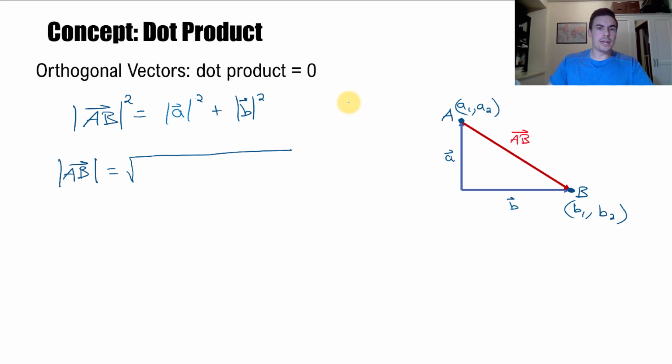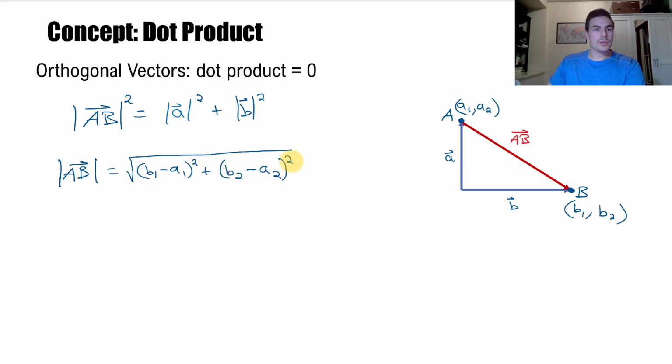So if this is point A, and that has the point A1, A2, and point B down here has points B1, B2, then what would go inside of here, knowing that those are the initial and terminal points of AB? That's going to be the difference in the x direction, so B1 minus A1, plus the difference in the y direction, or the vertical direction, that's going to be B2 minus A2, and both of those quantities are squared in there.